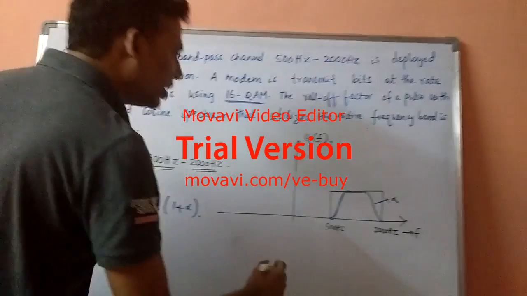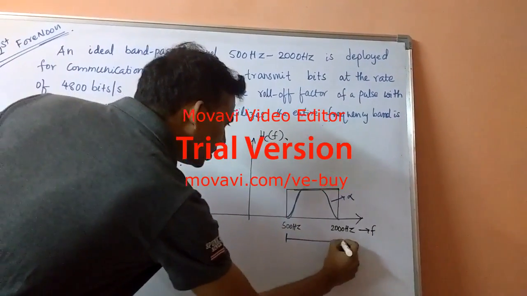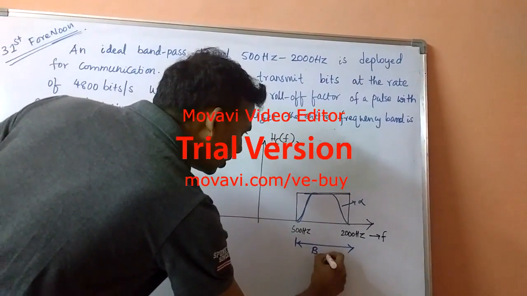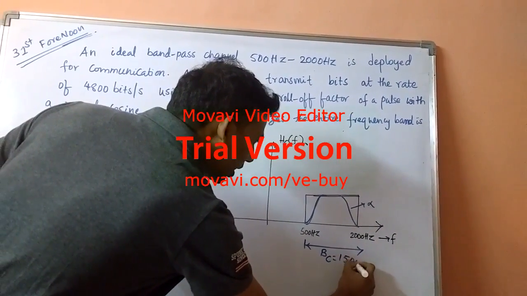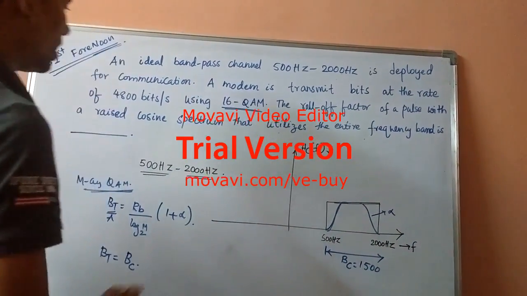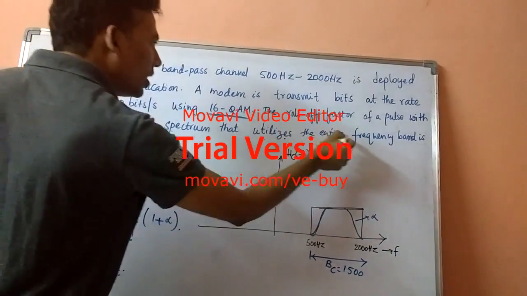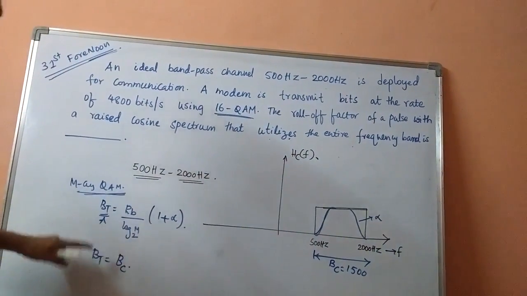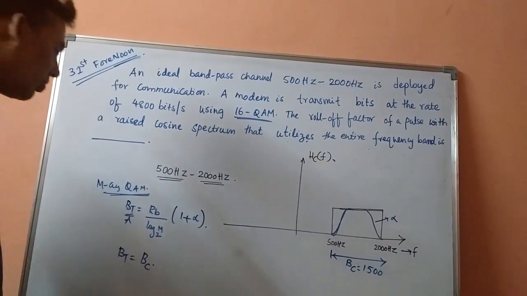And what is the channel bandwidth? It is a bandpass channel, so BC equals 2000 minus 500, which is 1500. Why? Because it is given that the signal utilizes the entire frequency band, so the transmission bandwidth of the signal equals the channel bandwidth.